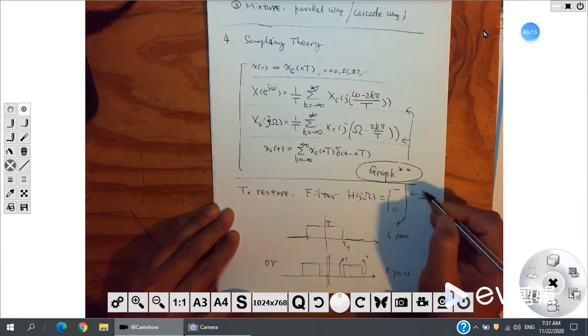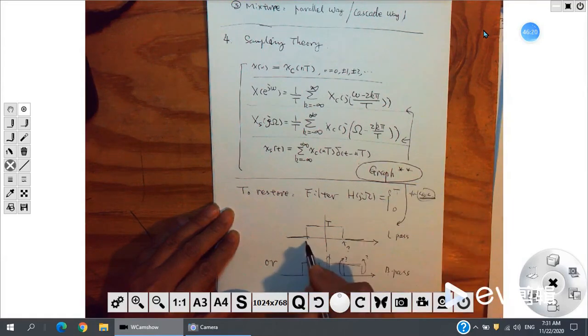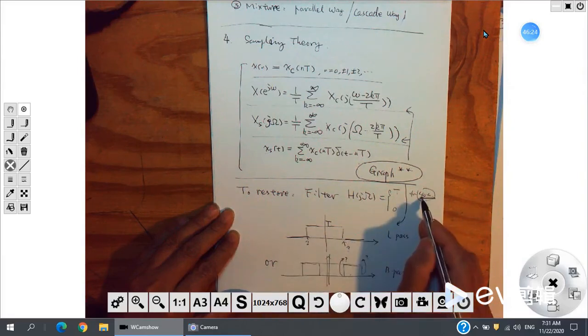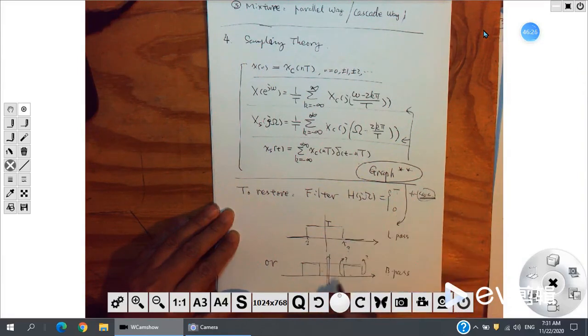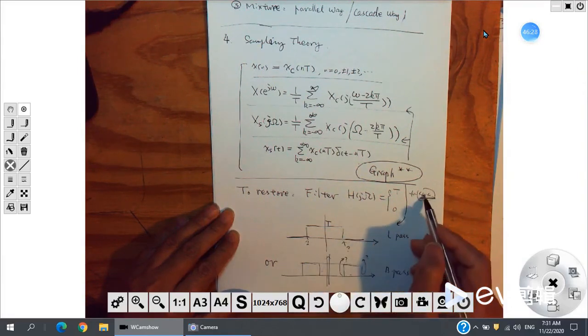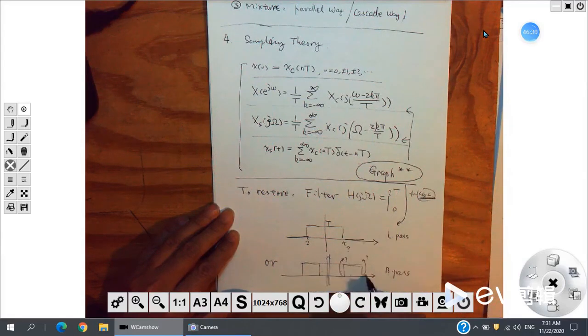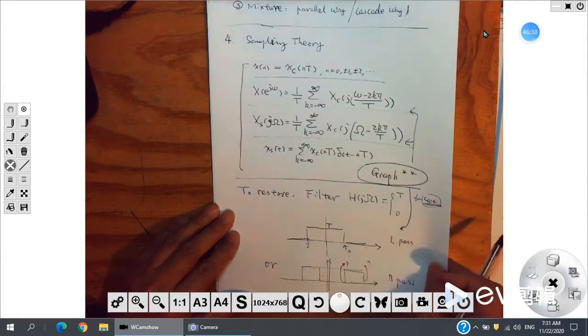You have omega smaller than something, larger than something. Like here, smaller than this value and larger than the negative of this value, that is a low pass filter. And this one you need two intervals, so omega will be larger than these, smaller than these, or larger than these, smaller than these, right? And you give the value T. Okay, so this is the sampling theory.